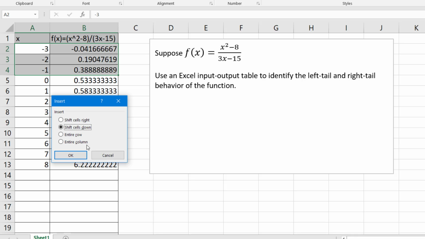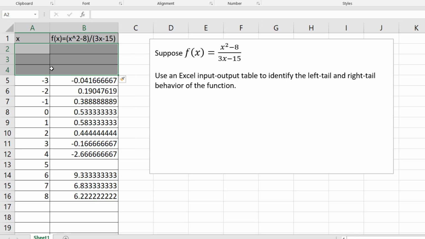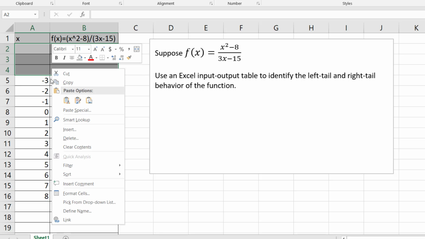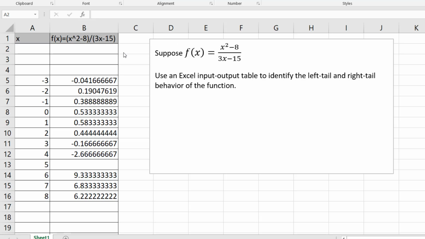I've already created an input-output table for this function. To explore tail behavior, I'm going to insert some rows that allow me to explore the left tail behavior. The left tail behavior will be explored by inputting x values such as negative 100, negative 1,000, negative 10,000. The x's are diverging down towards negative infinity, and I identify the y values that exist at those x's.